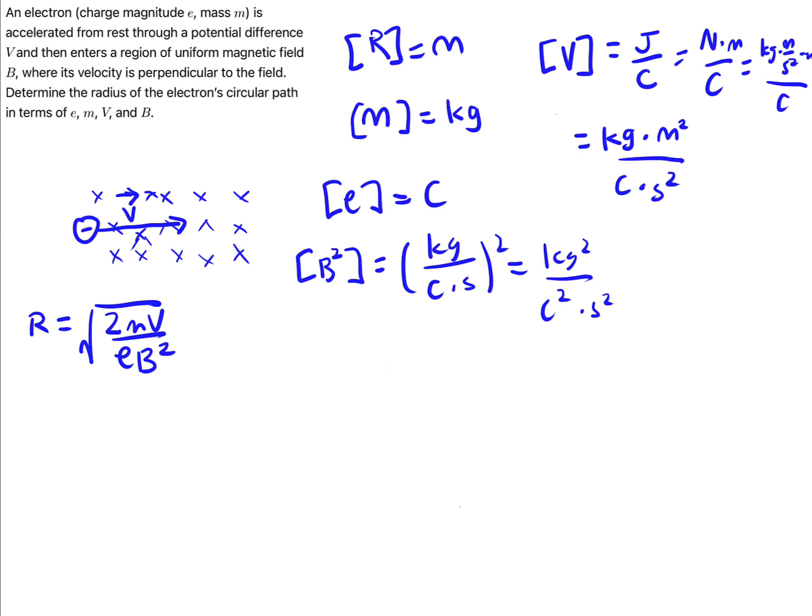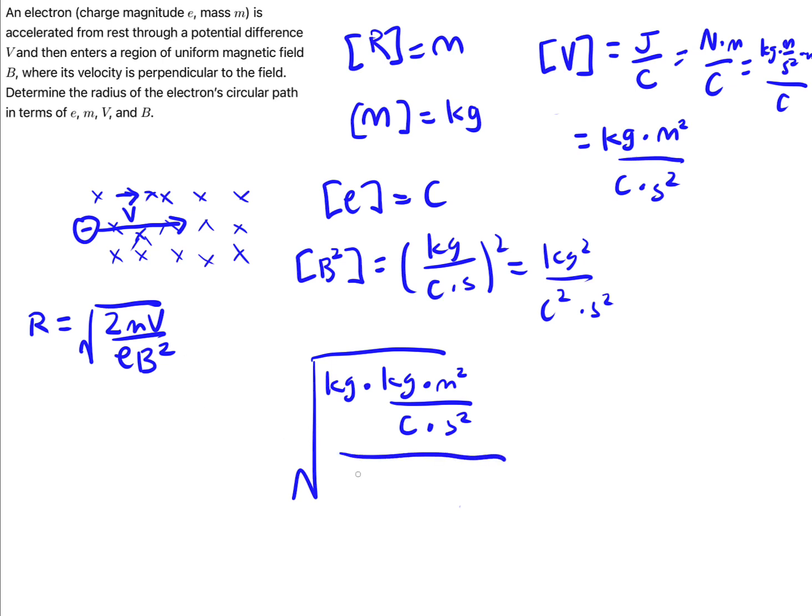So this gives us the units of B squared. So now that we have all of that, we can find the unit of this whole expression here. So let's just plug in the units for everything that we have found so far. So 2 is dimensionless, it's just a number. m has units of kilograms. The potential difference has units of kilograms times meters squared over coulomb times second squared.